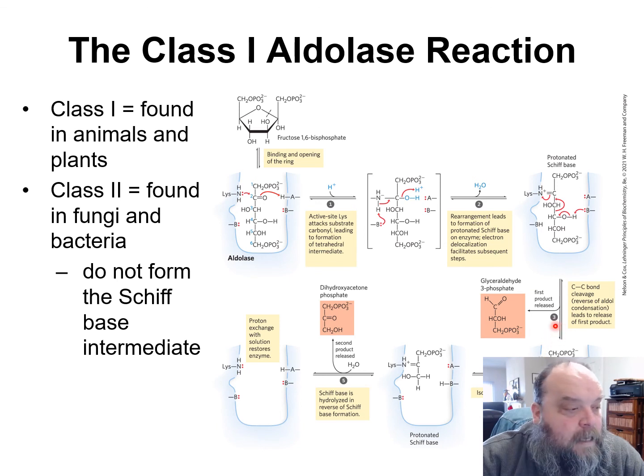Can't see it behind my big head, so I need to look in the textbook. So what we see happens is we have B here attacking this hydrogen. You get this bond reforming, so you end up with a carbonyl here. So this bond between carbon 3 and carbon 4, this electron pair shifts up between carbon 2, carbon 3.